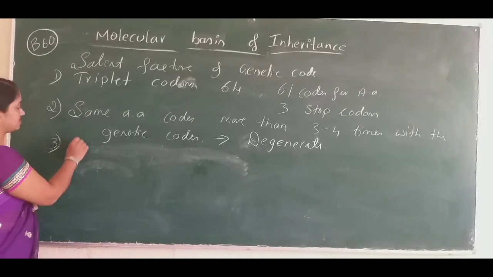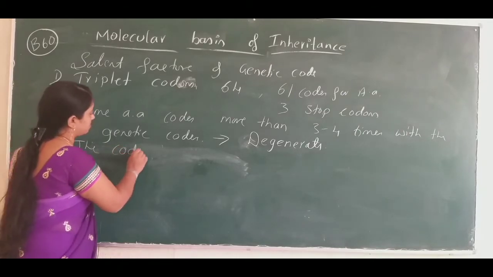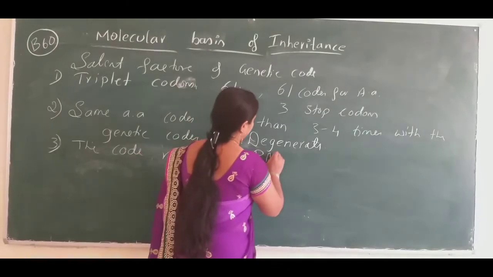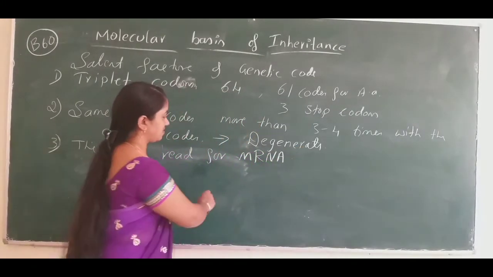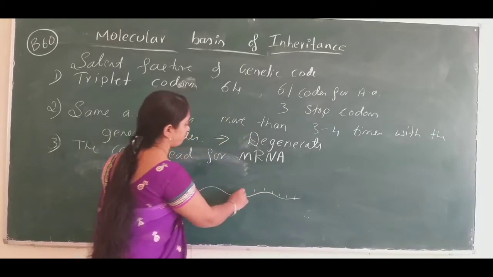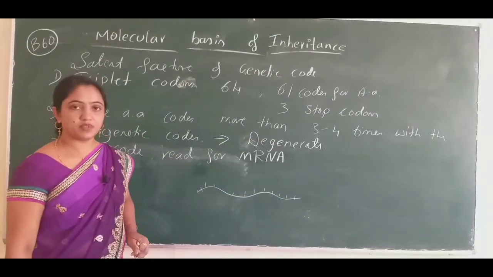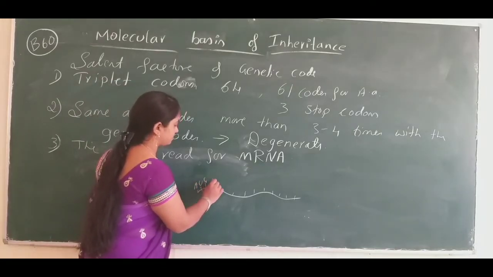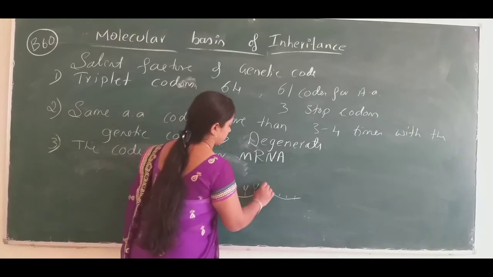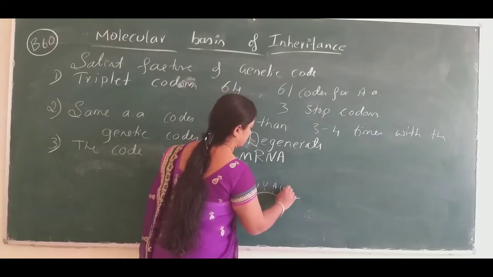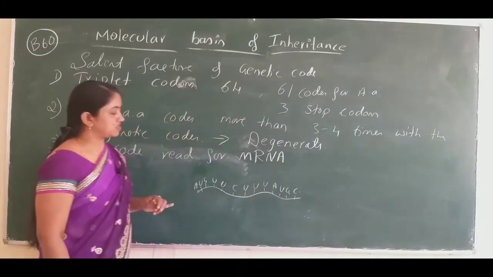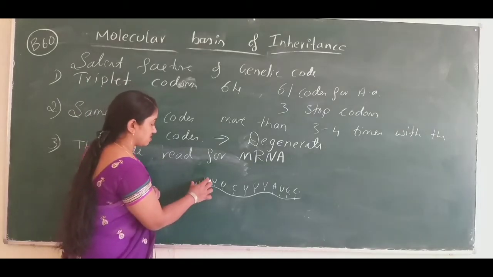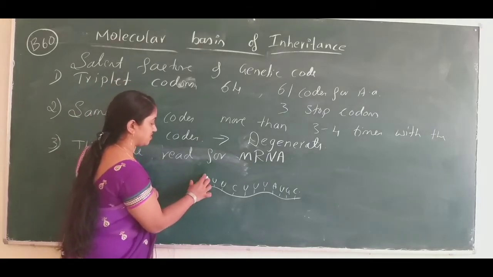The next is that the code is read on the mRNA. For example, we have a strand of mRNA here, right? If it has nitrogen bases on this, the 3 nitrogen bases become a triplet.